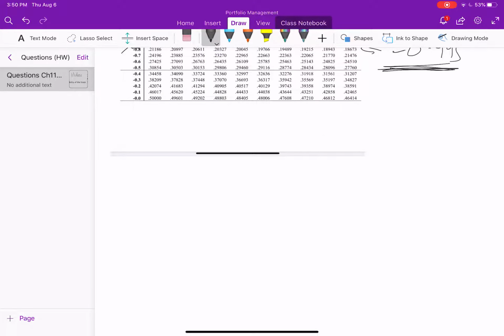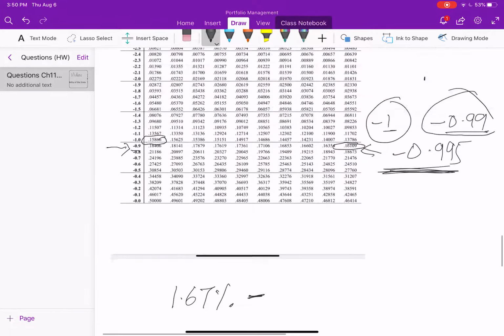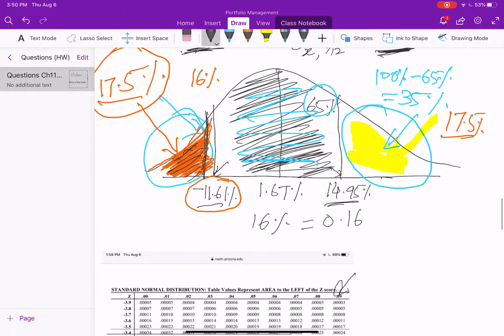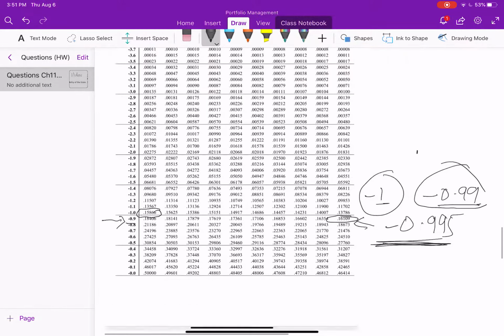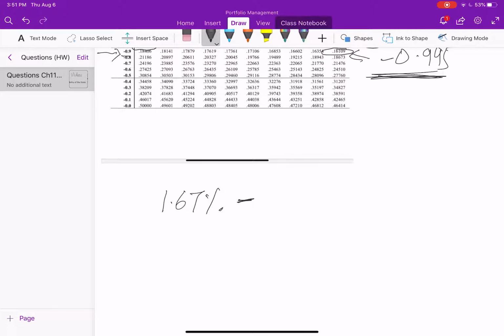Let me write a bit and look over here. So we have a mean of 1.67% minus, remember we have to go on to the left hand side. The loss is on the left hand side of this mean, so we have to go to the left hand side. So this is minus, and then the z-score, which is basically 0.995.